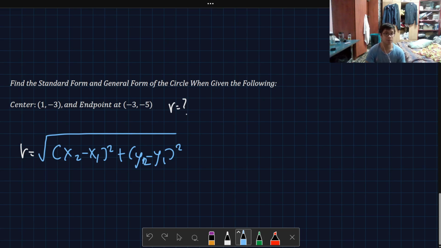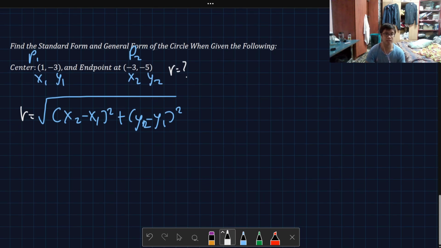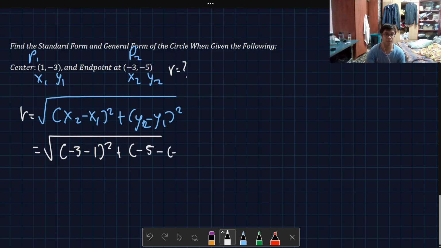So for me, my first point would be the center, and my second point would be the endpoint. So your x sub 1 is 1, your y sub 1 is negative 3, x sub 2 is negative 3, and your y sub 2 is negative 5. So with that, we can substitute it here. The square root of (x sub 2, negative 3, minus x sub 1, 1) squared, plus (y sub 2, negative 5, minus your y sub 1, negative 3).